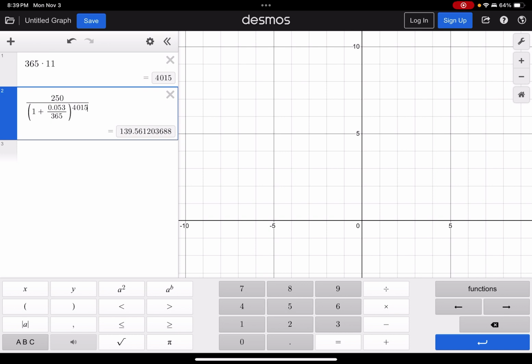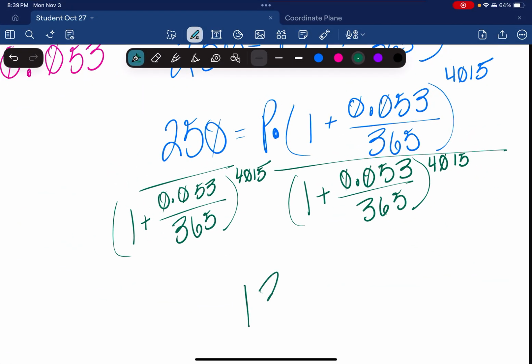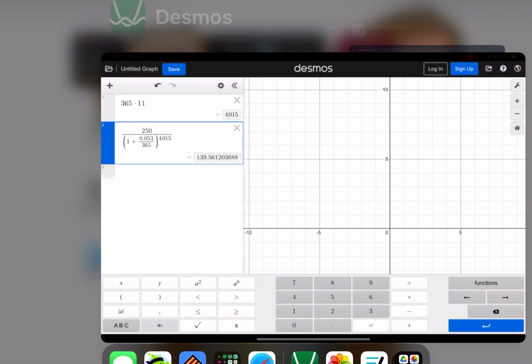That means I need to invest that amount of money. We are rounding to two numbers after the decimal, to the 100th place, because we're talking money. So my answer is 139 and 56 cents.